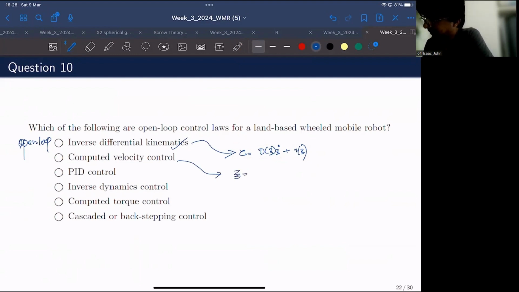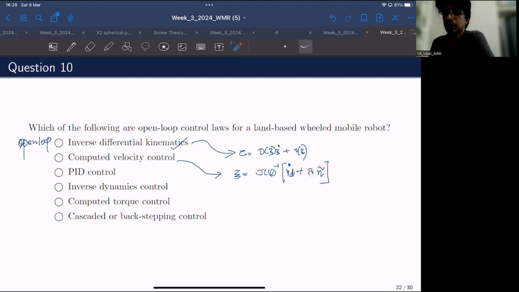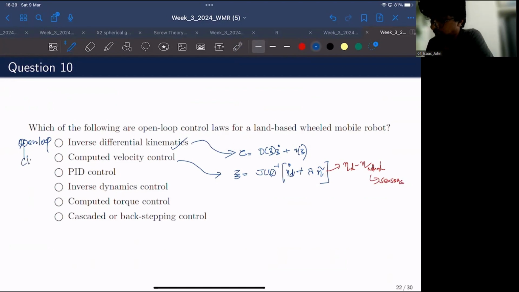That is theta dot is nothing but J of psi inverse times eta desired dot plus lambda eta tilde. So obviously there is a feedback term here. This eta tilde is a feedback term because eta tilde is eta desired minus eta actual, and this eta actual is coming from the sensors as feedback. So that makes option 2 a closed loop law.